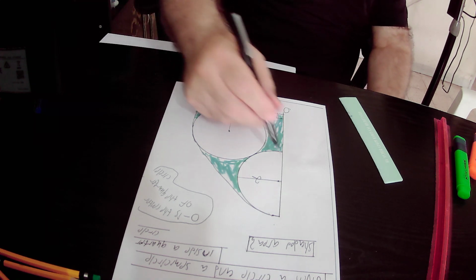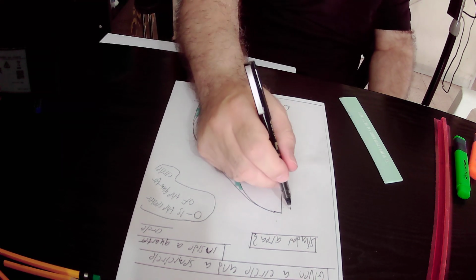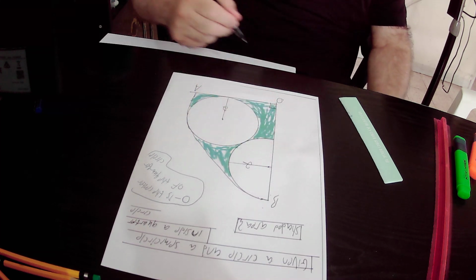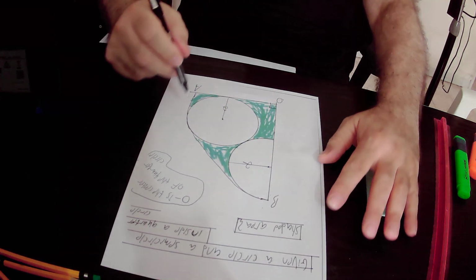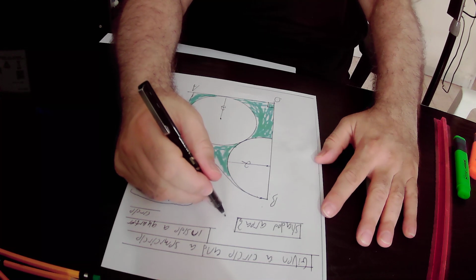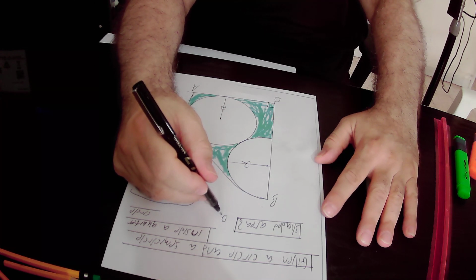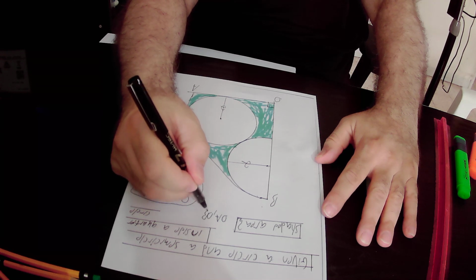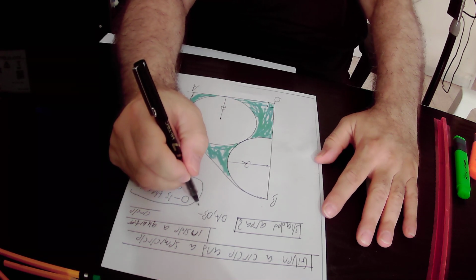We define this point as point B. OB or BO is also the radius of the quarter circle. So you can write here that OA and OB, they are both the radii of the quarter circle.